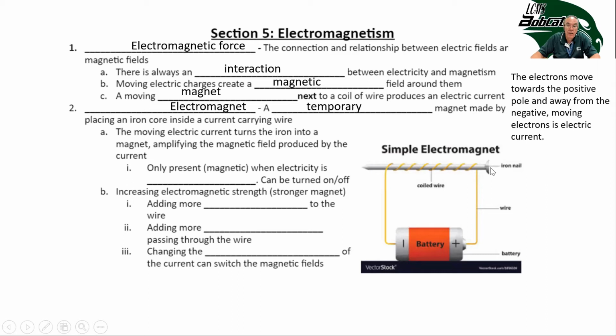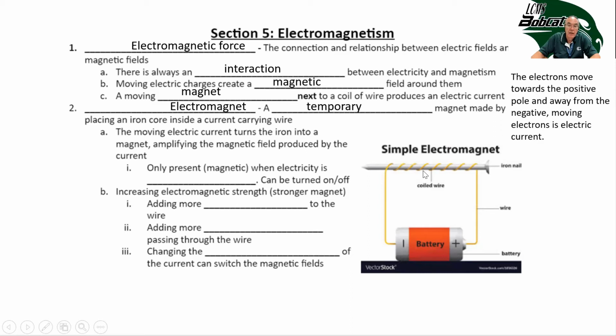So the atoms in the nail are going to align into domains, and the nail is going to become a magnet. That's why it's called an electromagnet, and it'll stay a magnet as long as there's electricity running through this wire.